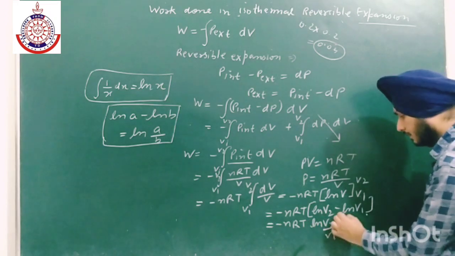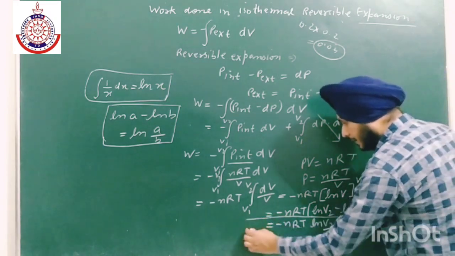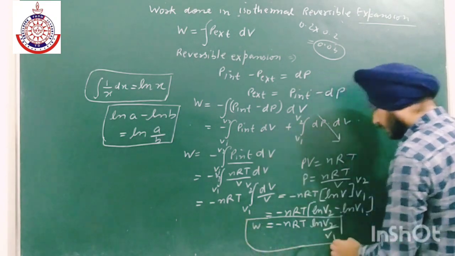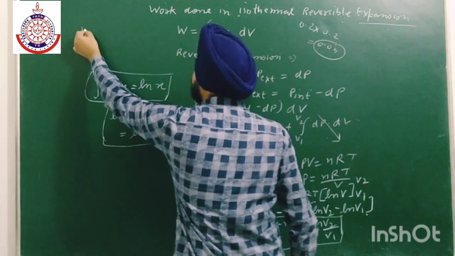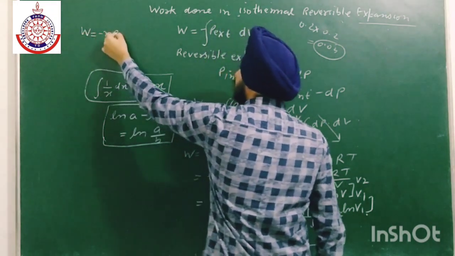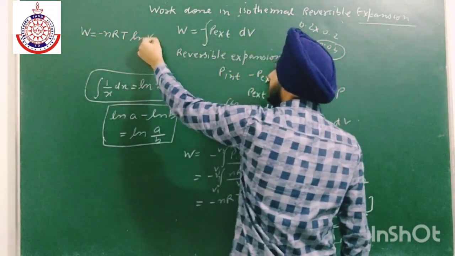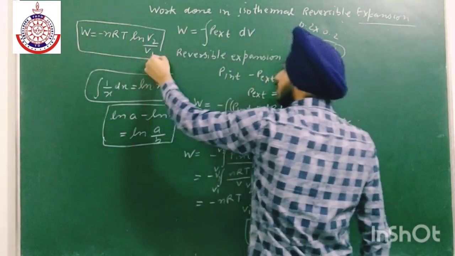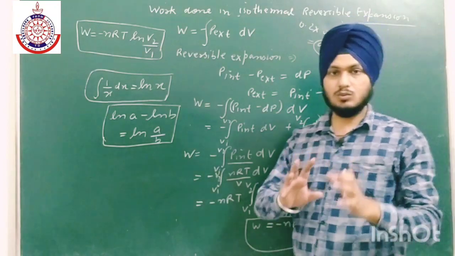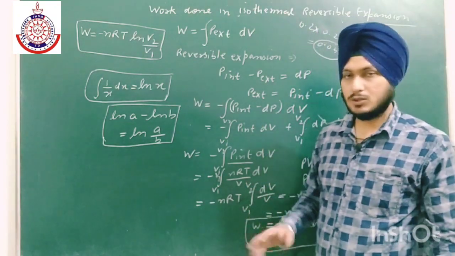Okay, so this is the main formula for work done, that W is equal to minus nRT ln V2 by V1. Now we have to change the natural log into log base 10. There are two logarithms, there are two terms.